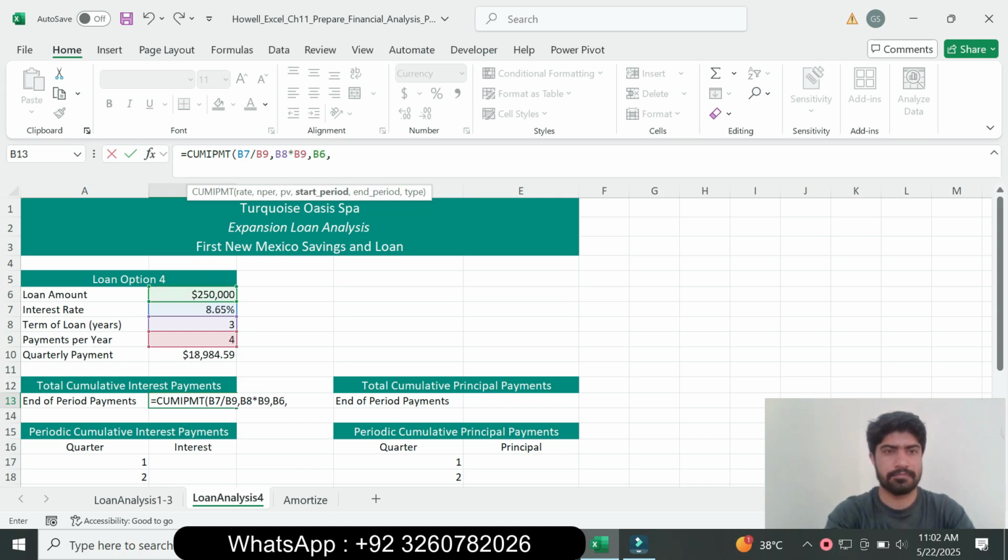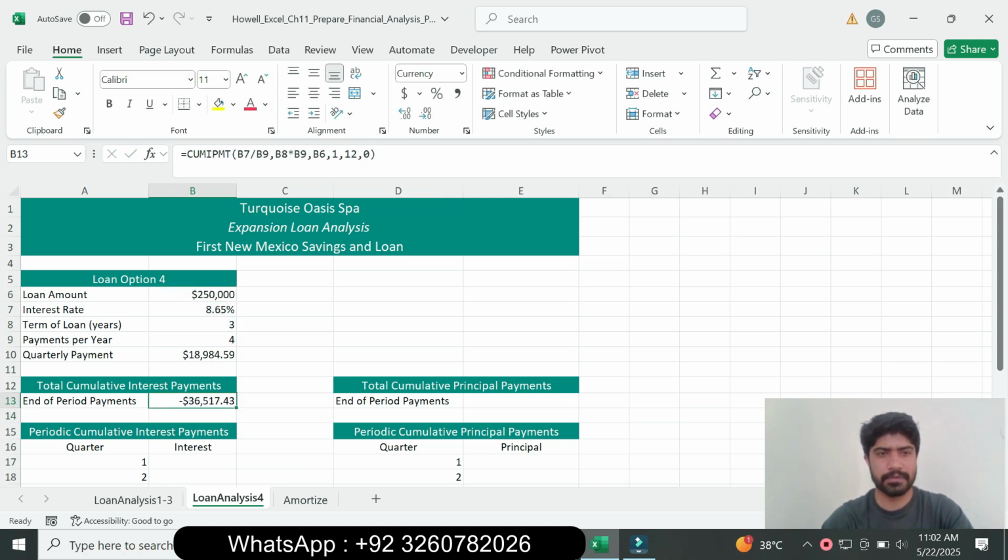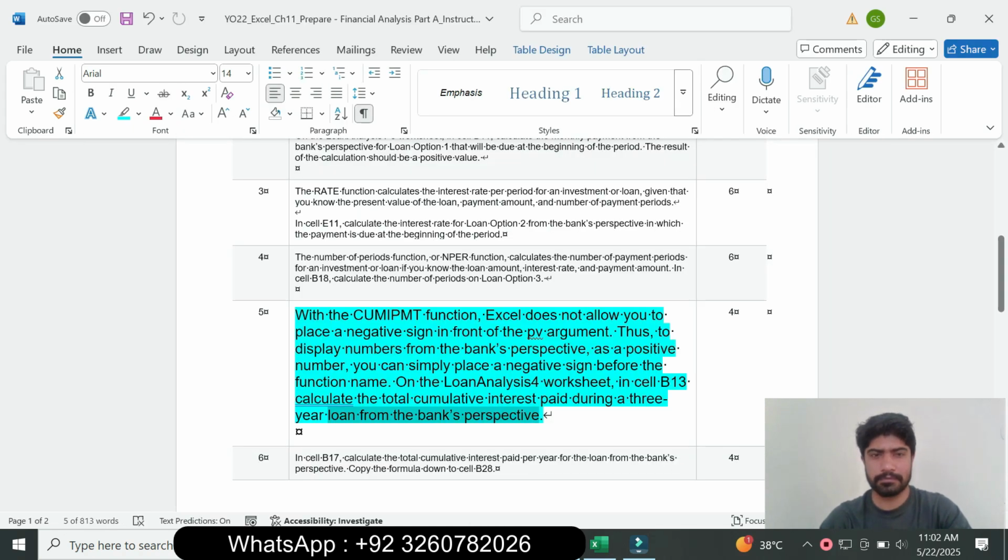Type a comma, then 1, comma, 12 for the total months, comma, 0, close the bracket and press enter. Then add the negative sign before the function and press enter. The result is 36,570.43. So question number 5 is complete.